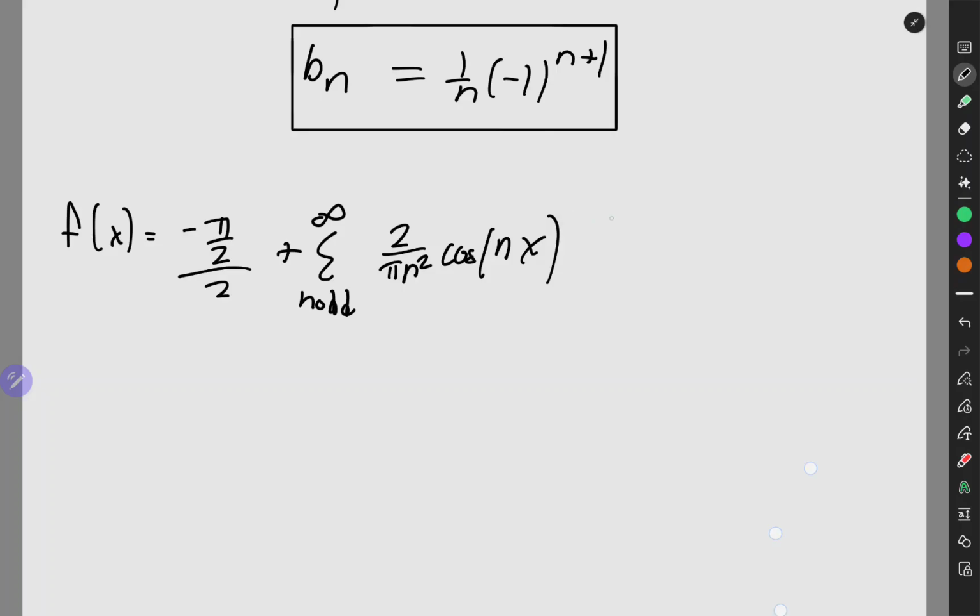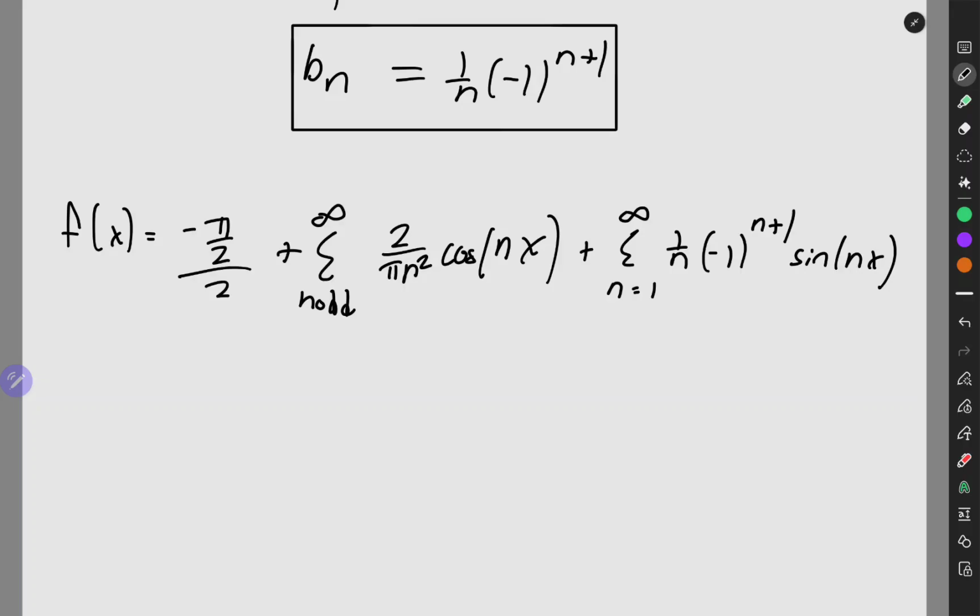And then we have the normal, because b sub n still works for n equals 1 and so on, of 1 over n, negative 1 to the n plus 1 times sine of nx. Yep.